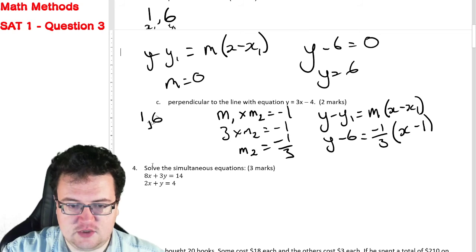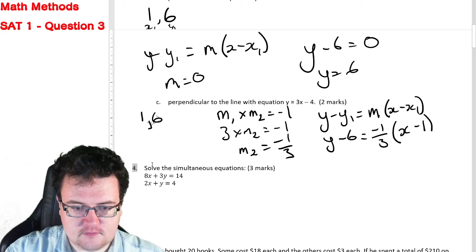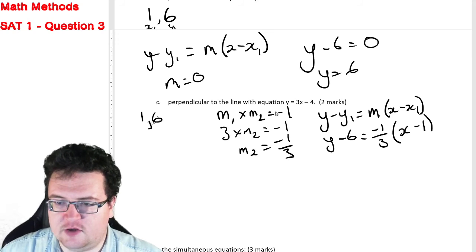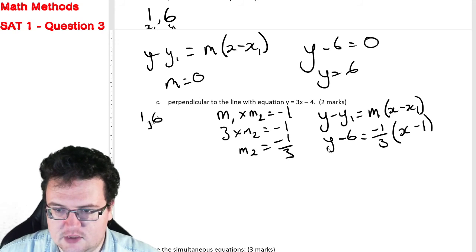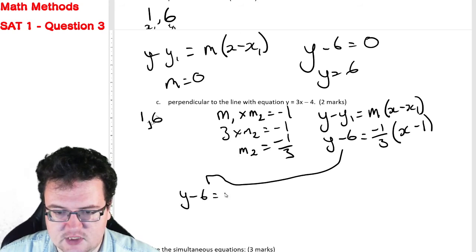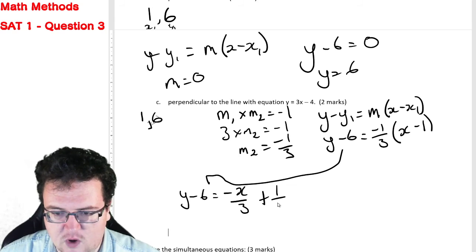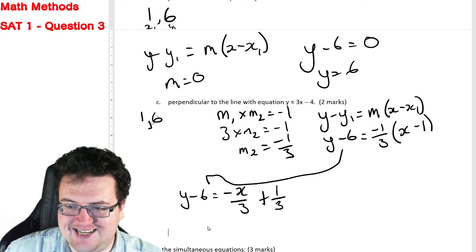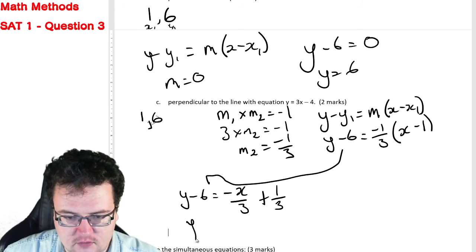And we are going to make some room, and then we're going to expand what's going on here. So y minus 6 equals negative x on 3 plus 1 on 3. And then we are going to add 6 to both sides.